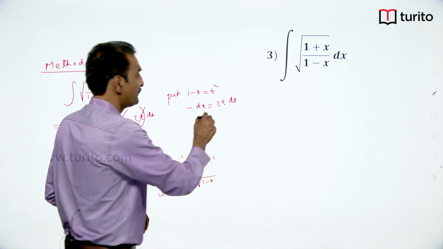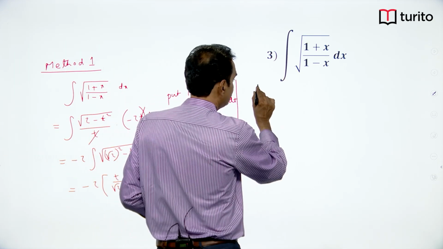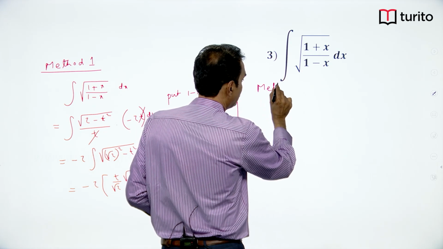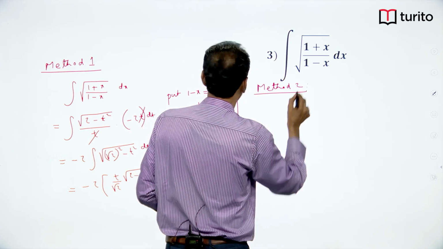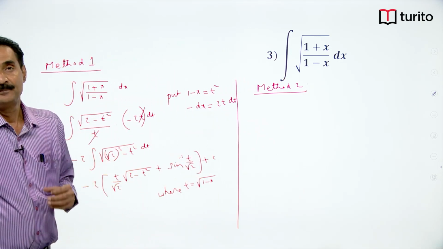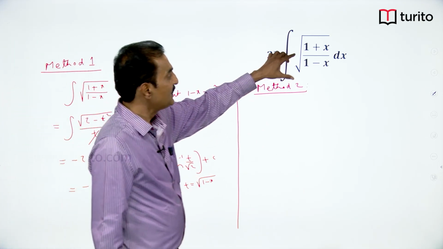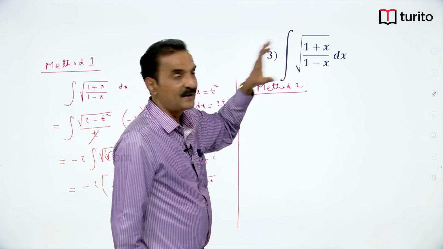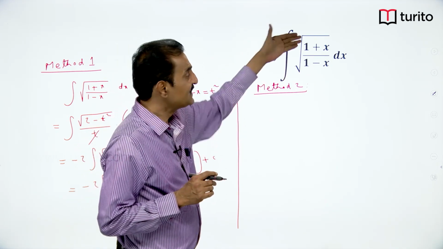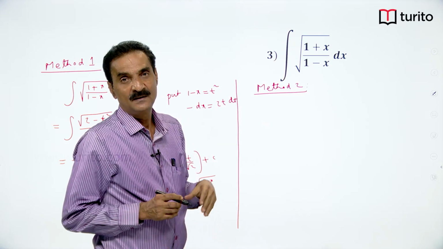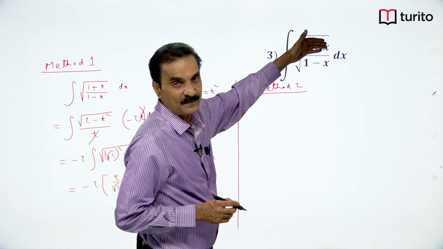Second method. When the integrand is in the form of root over linear term by another linear term, another method is rationalizing the numerator. How to rationalize root 1 plus x?